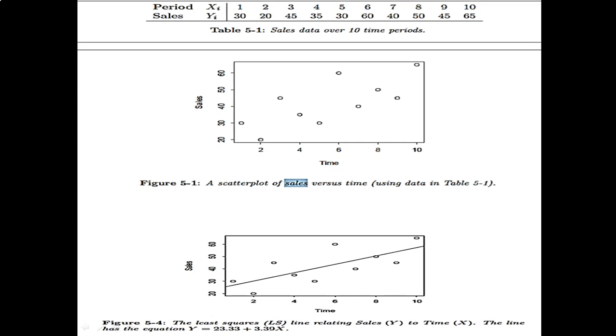When we make the time plot or scatter plot, this plot is a scatter plot of sales versus time. And when we make some calculations to find the best fit line, we find that this line is the best fitting line.